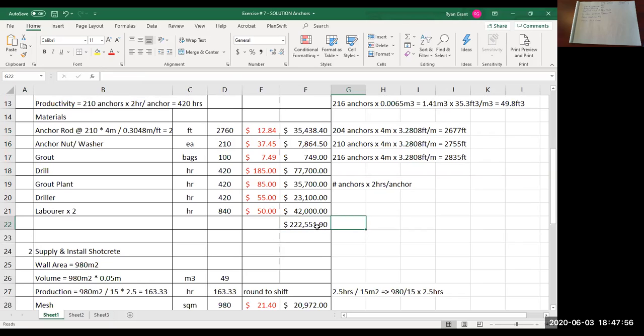What I was looking for here was your calculated total dollars for your anchor costs, this total here, divided by the total lineal feet of anchors that you have. That was the total unit cost that I was looking for. So for this example, I would go 222,000 divided by the total feet. I was looking for approximately $80 per lineal foot. Anchor supply and install.